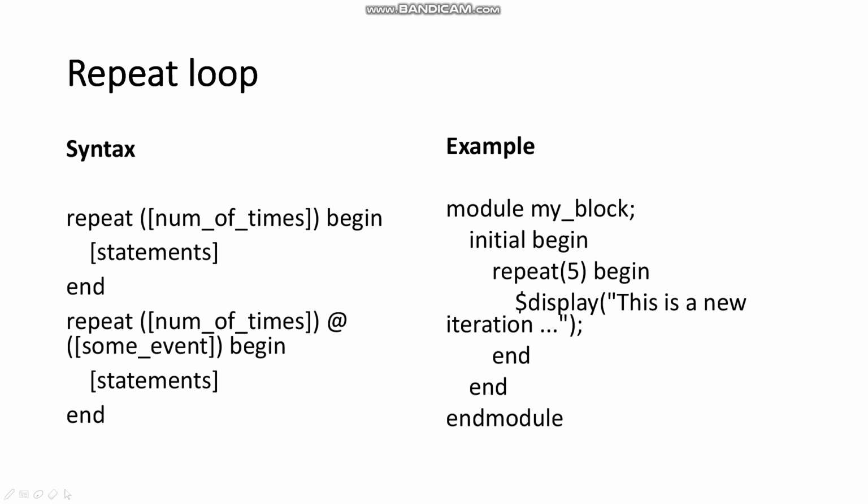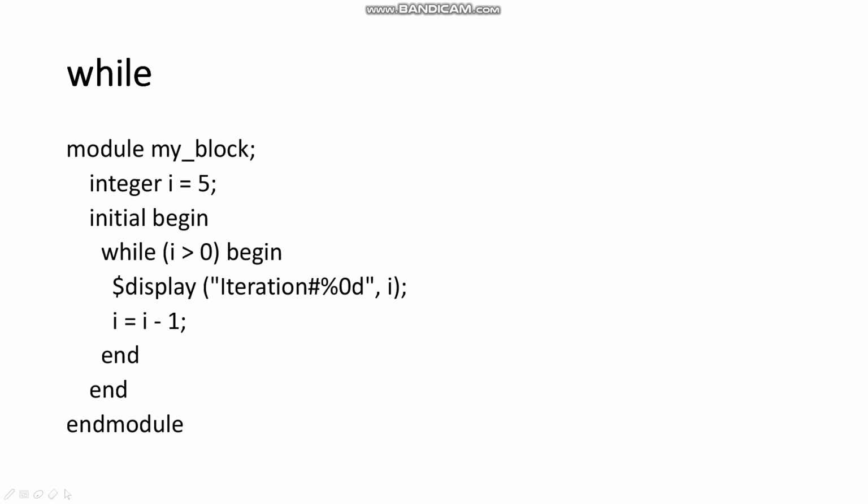The new iteration message is going to be displayed on my screen 5 times, because I am using repeat of 5. It will repeat this statement 5 times. The display keyword prints the string inside it on your monitor. After that you end by using the end keyword.